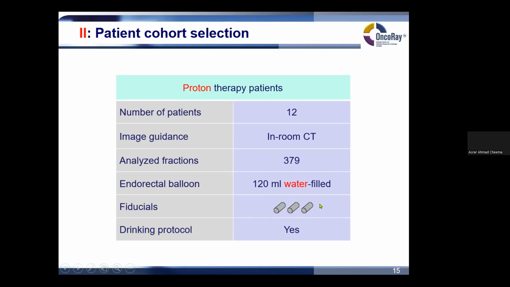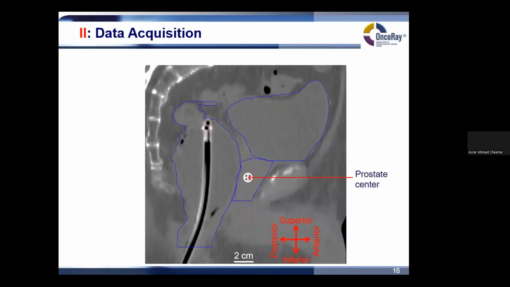A single fiducial can't be used because a single or a double fiducial can give only translational motion assessment. In order to get rotational motion assessment, one needs at least 3 fiducials. A strict drinking protocol was used to get a reproducible bladder filling. It was an attempt, and we will see that there was still a large variation in bladder volume even after using a strict drinking protocol.